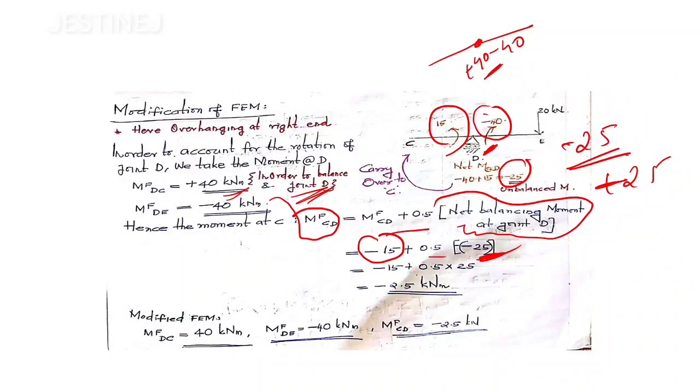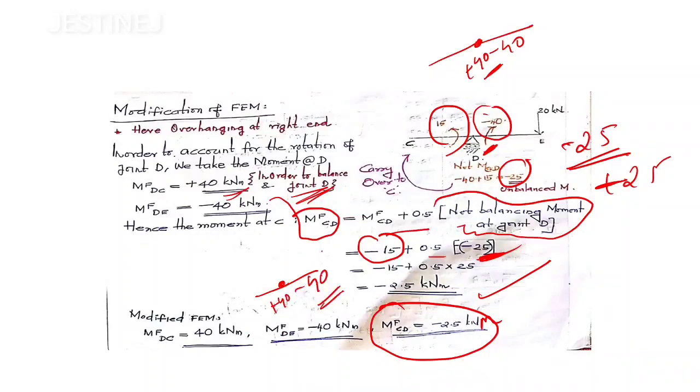So if you substitute, you get minus 2.5 kilonewton meter, and from this you can observe that M of CD is minus 2.5 kilonewton meter, and M of DC and M of DE at joint D are balanced with plus 40 and minus 40. That is the modification of the fixed end moment values. This step is very important.